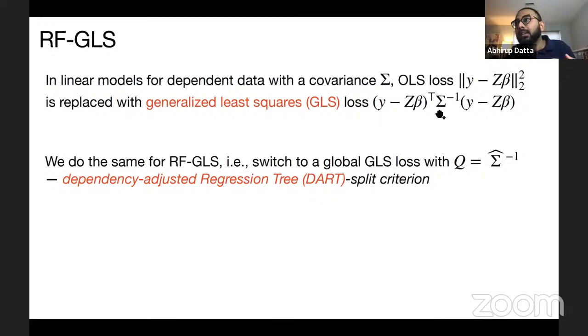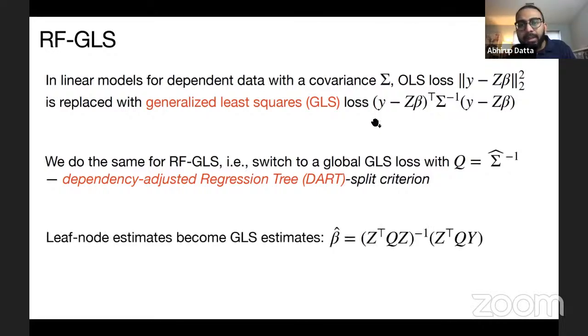And you can see that it explicitly uses information about the covariances between 2 data points when you do the splitting of nodes in the random forest. And once you split the nodes, your estimate of beta hat is now just the generalized least square estimate. This again comes from the fact that the minimizer of this quadratic form with respect to beta is just this thing.